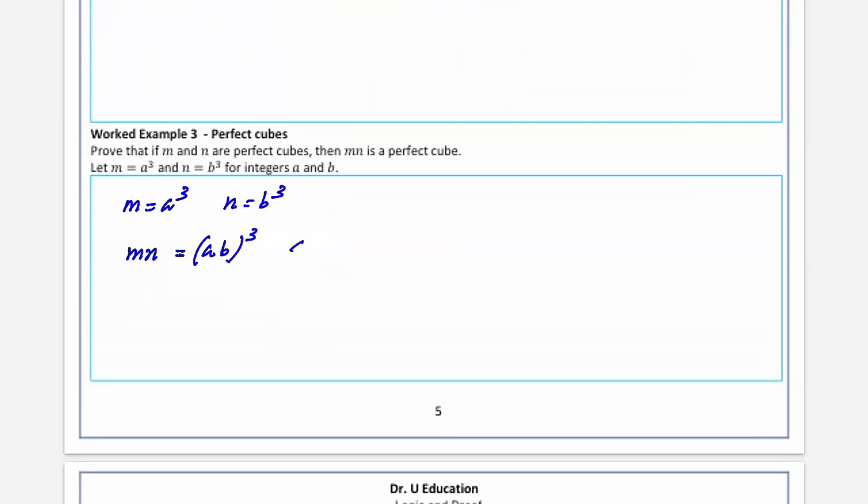So since ab is an integer, then mn is a perfect cube.